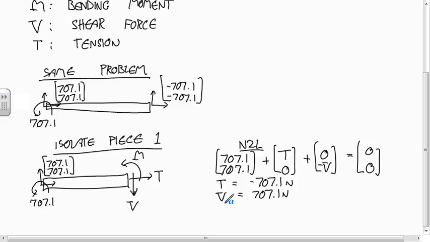And now the rotational equation, with the about point at the left, says the couple at the left plus M. Remember, this distance is 1/2.